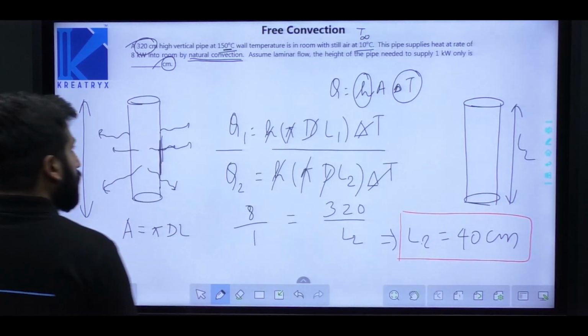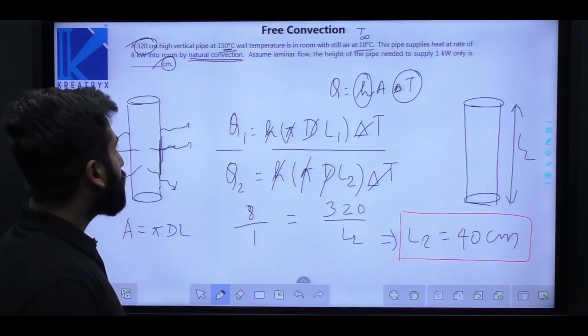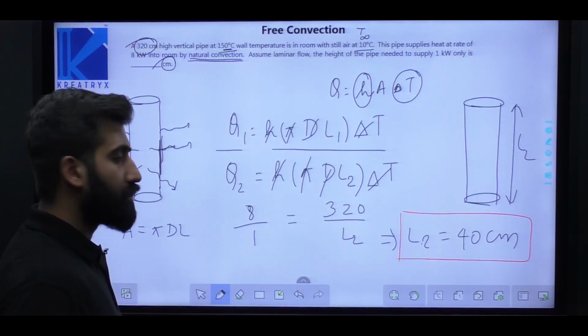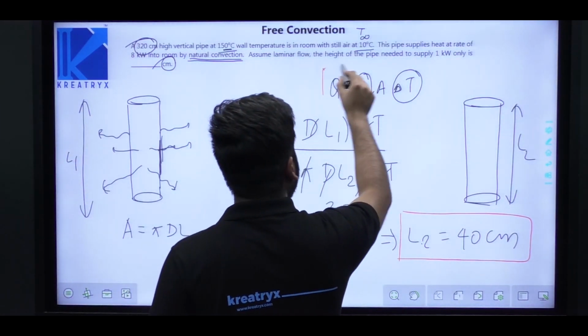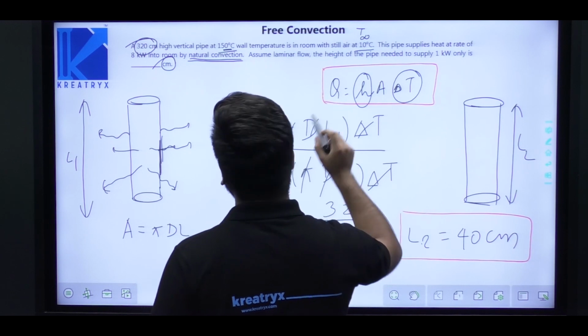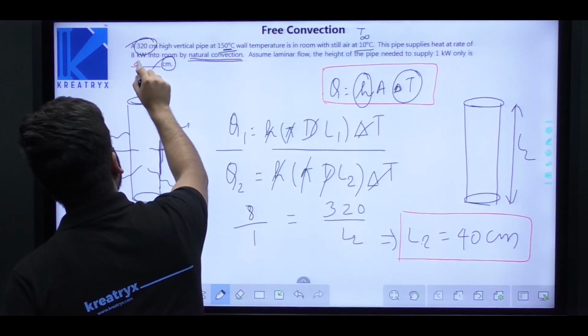Okay. So it was based on the basic formula of convective heat transfer, h A delta T. Let's move on to the next question.